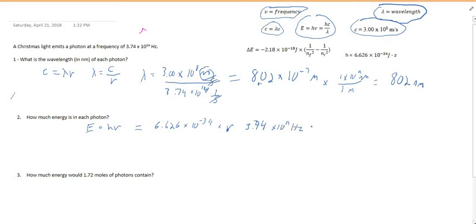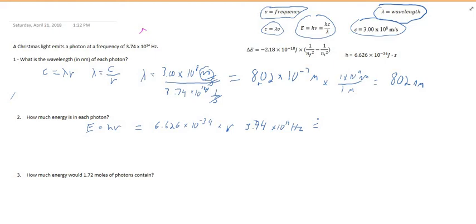Okay, and so when I do that math, I'll just quickly put that in the calculator. 6.626 times 10 to the minus 34th times the hertz, which is 3.74 times 10 to the 14th.